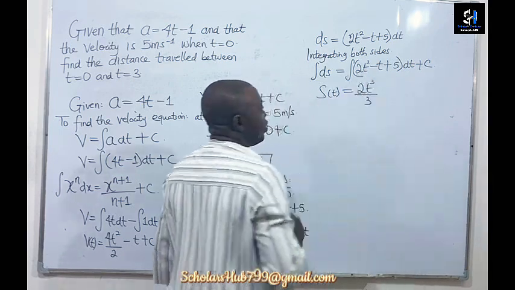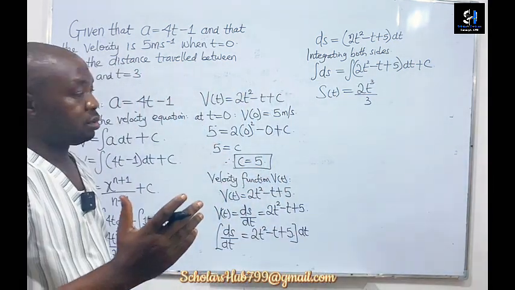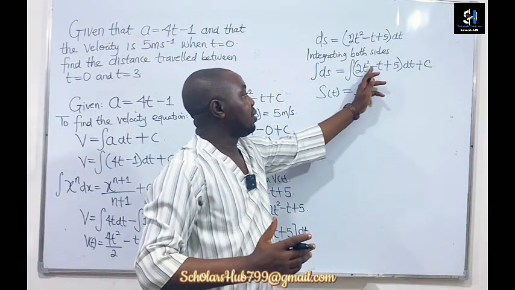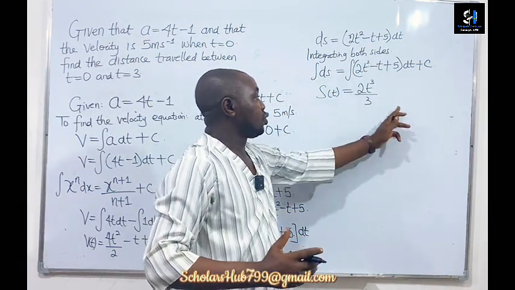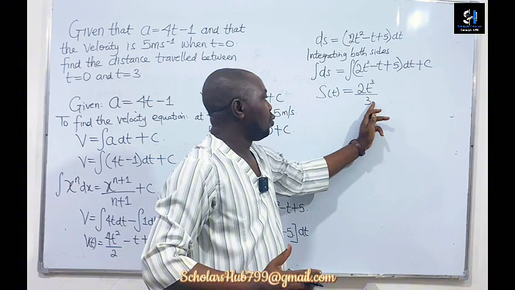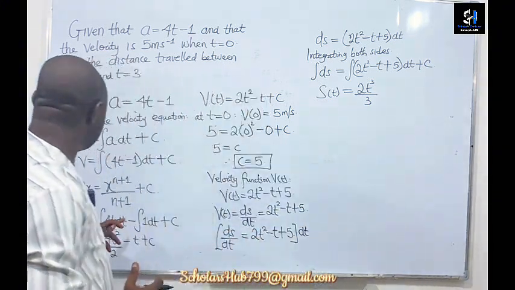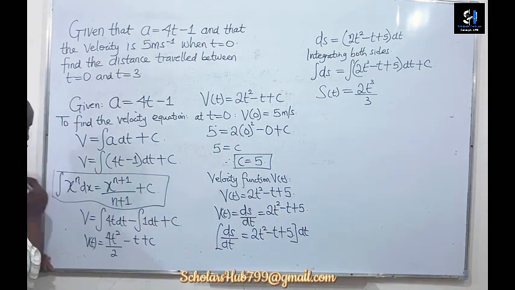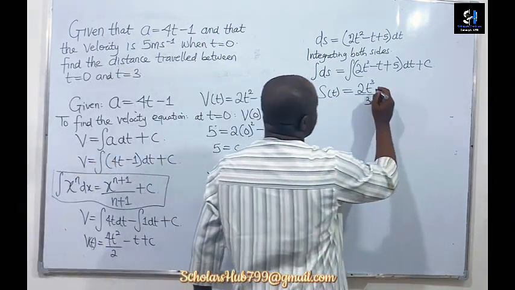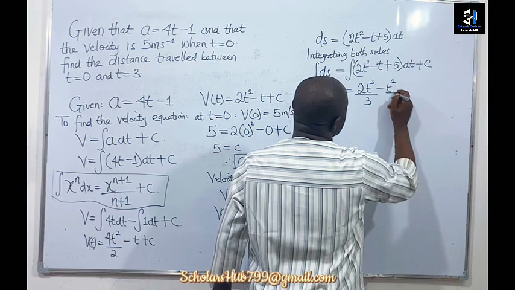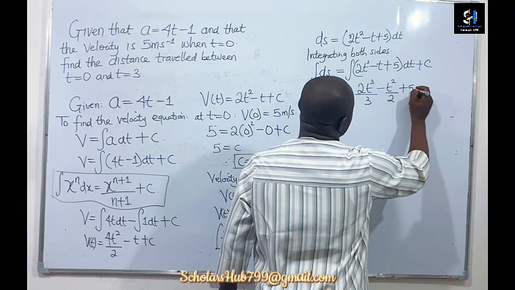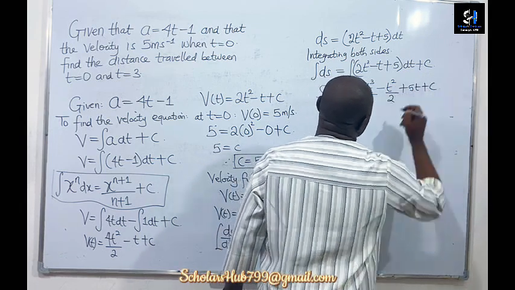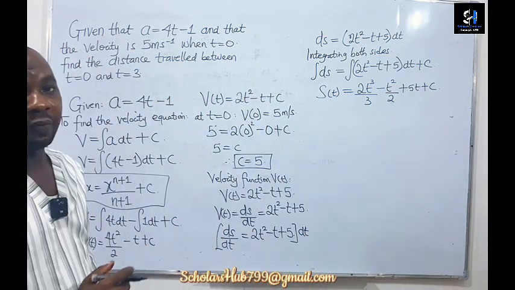That is, we increase the power by 1 and divide by the new power, that is 2 plus 1 over 2 plus 1, according to this principle. Then minus t squared over 2, then plus 5t plus c, which is a constant of integration.